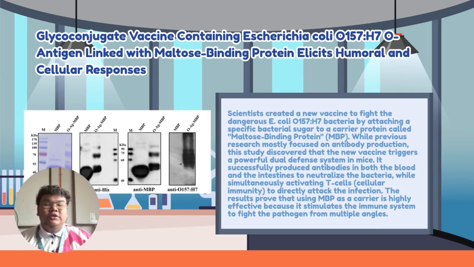For the fourth innovation or research on this disaccharide, that is a glycoconjugate vaccine containing Escherichia coli O157:H7 O antigen linked with maltose binding protein that elicits humoral and cellular responses. Scientists are creating a new vaccine to fight the dangerous E. coli bacteria by attaching a specific bacterial sugar to a carrier protein called maltose binding protein (MBP).